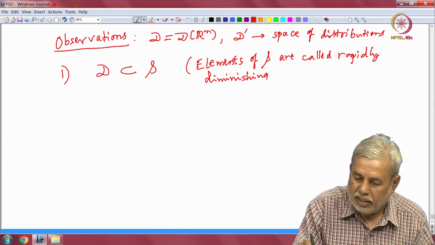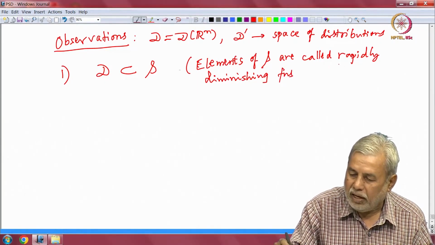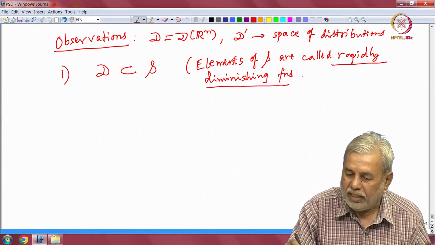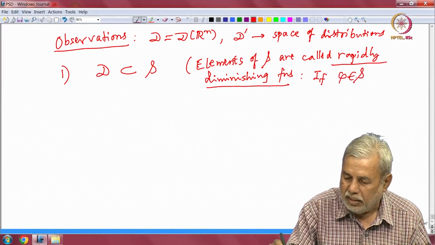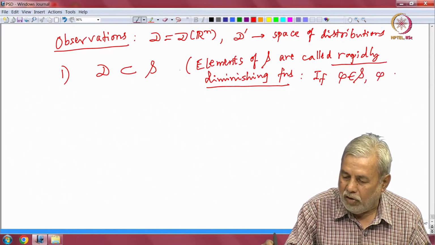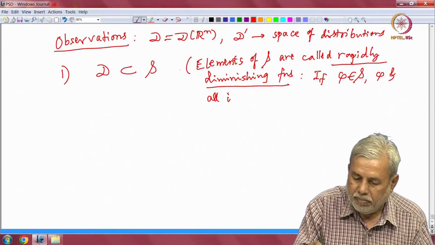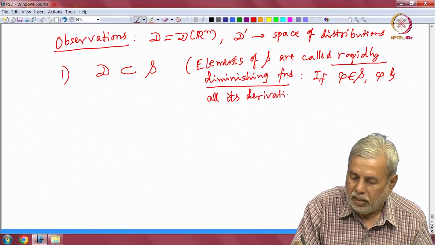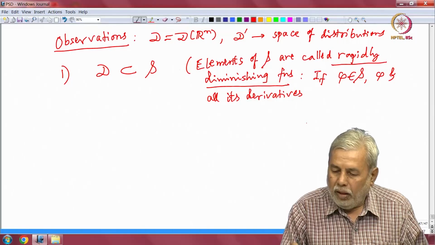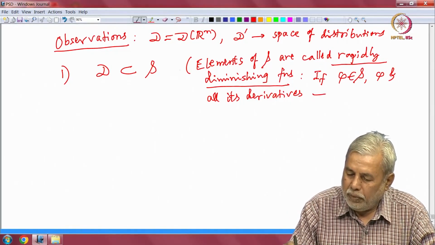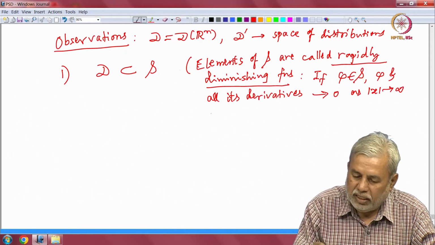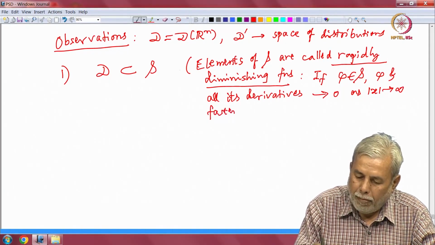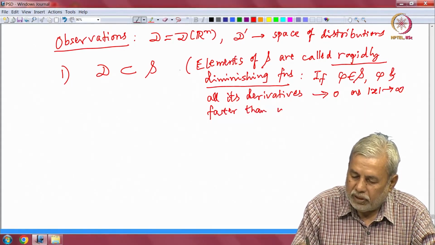I write diminishing here. The reason is that if phi belongs to S, then phi and all its derivatives tend to 0 as |x| tends to infinity faster than the inverse of any polynomial.